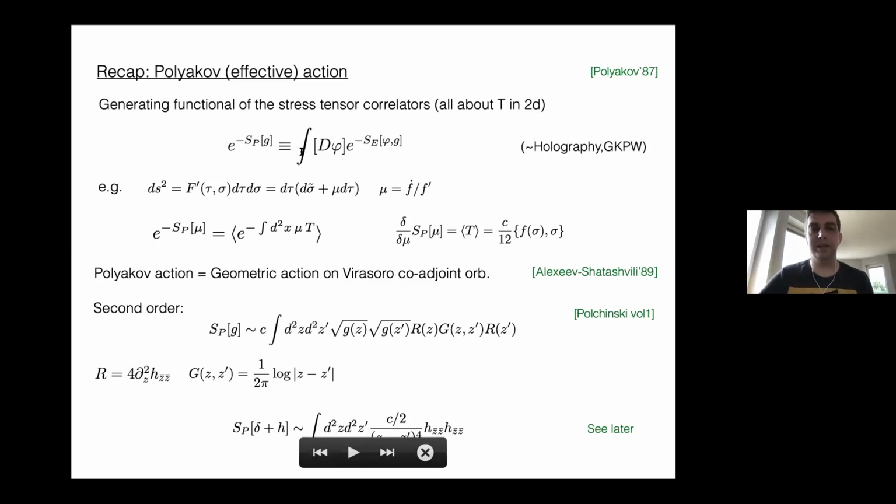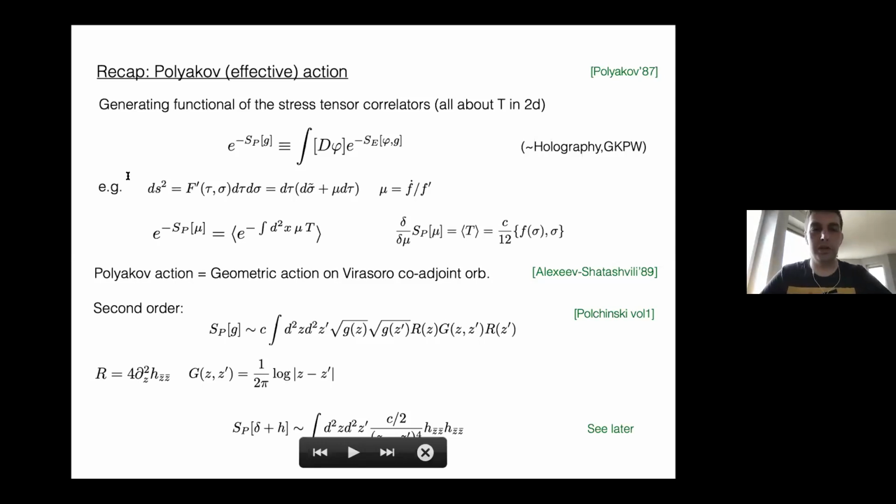Namely, this is the usual generating functional, but we can think about it as taking your conformal field theory, coupling it to the metric, and integrating over the CFT fields. And this is precisely the exponent of minus the Polyakov action for arbitrary metric G. So if you want to think about this pure gravity or pure energy momentum tensor as a toy model for holography, you could interpret the Polyakov action exactly in the light of the GKPW formula. This is all you need to know. This is just a partition function as a function of the sources of only the stress tensor.